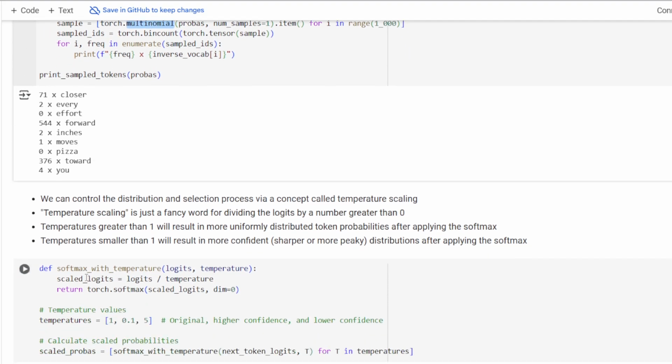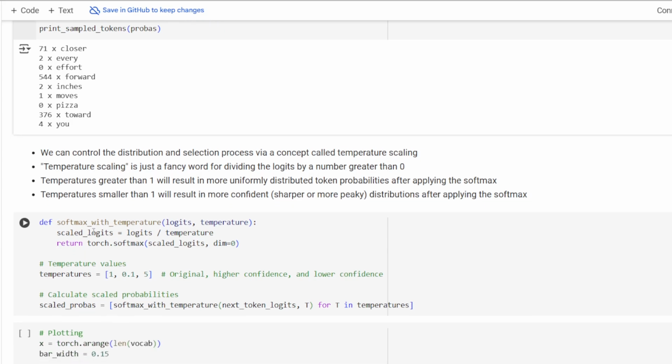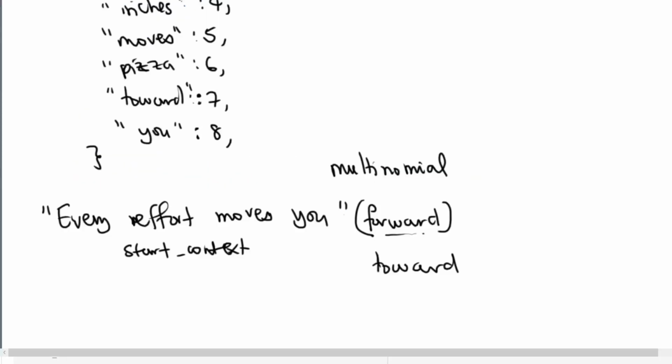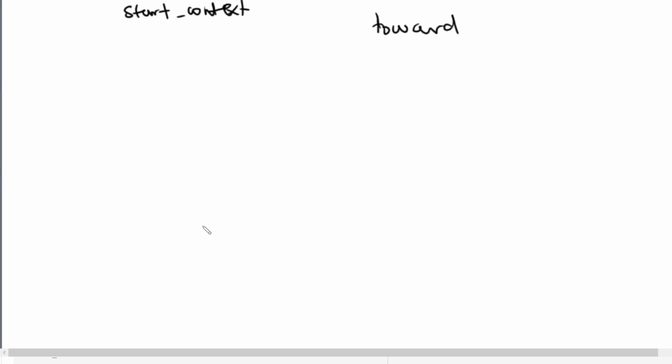So now that we have that, we can create this temperature, and we are going to now discuss something called temperature scaling. So let's quickly switch back here to write something. Now that we understand what multinomial is doing, sometimes it will return statements like every effort moves you toward, and sometimes every effort moves you closer, instead of the one we had predicted with argmax, every effort moves you forward.